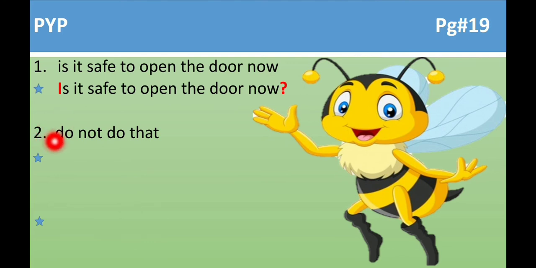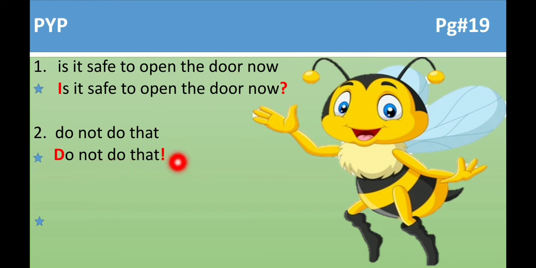Number 2. Do not do that. This is a warning. And when there is a warning, we use exclamation mark. Here is the answer. First of all, we will make D capital because it is the beginning letter of this sentence.